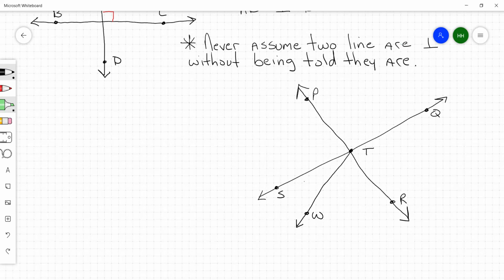This is 2x. WTR is 5x plus 6. PTQ is 4y minus 2. The question is, find x and y.